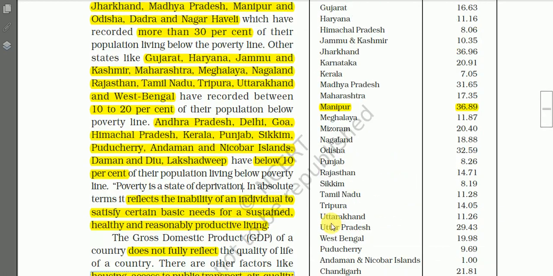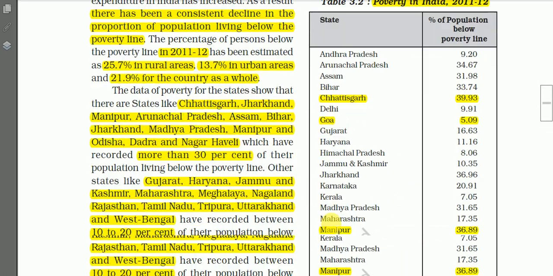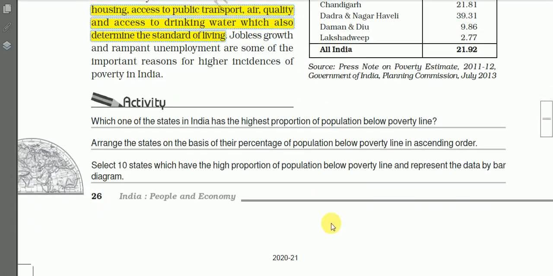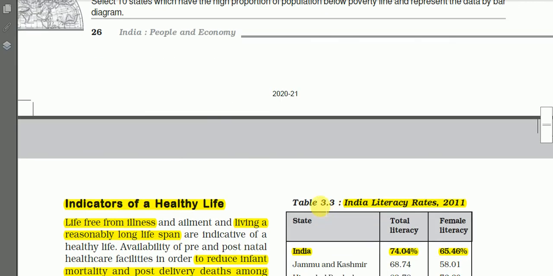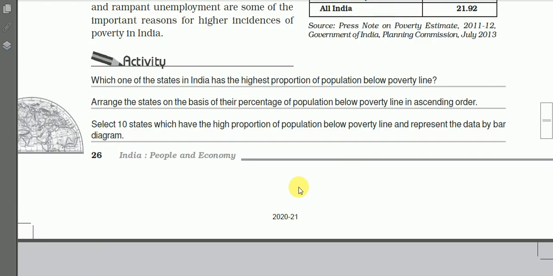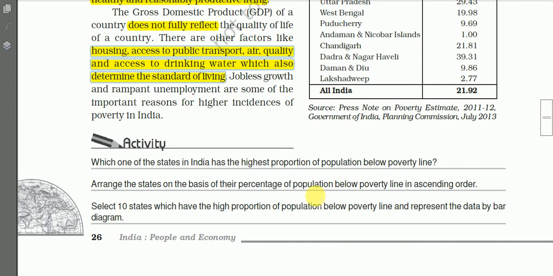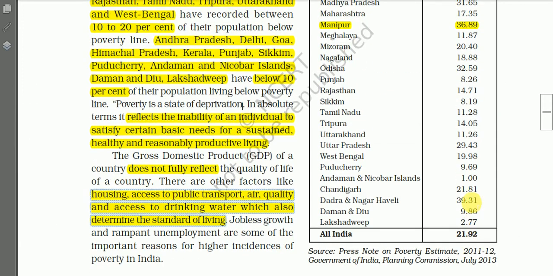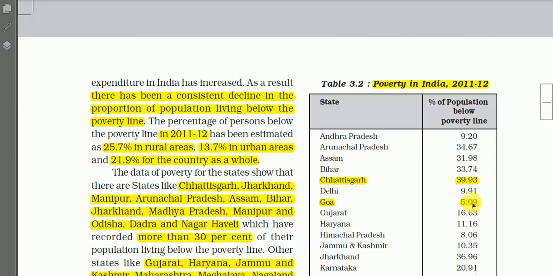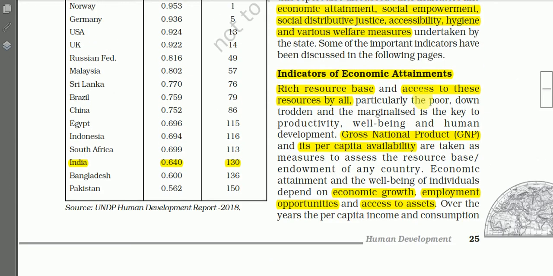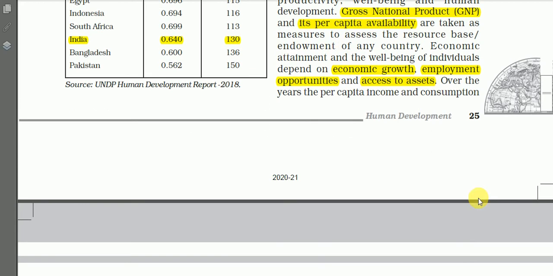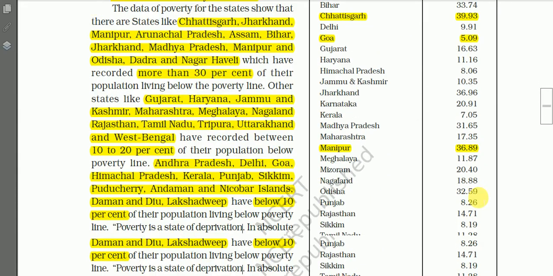So these are the causes of poverty in India. So this is about the indicators of economic attainments. Remember, the resource base and access to these resources by all is used to measure the economic attainments of the states of India.